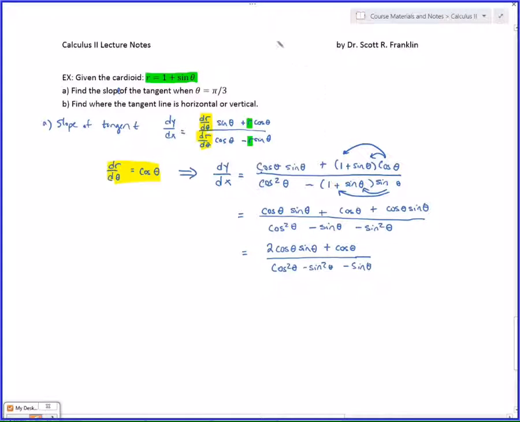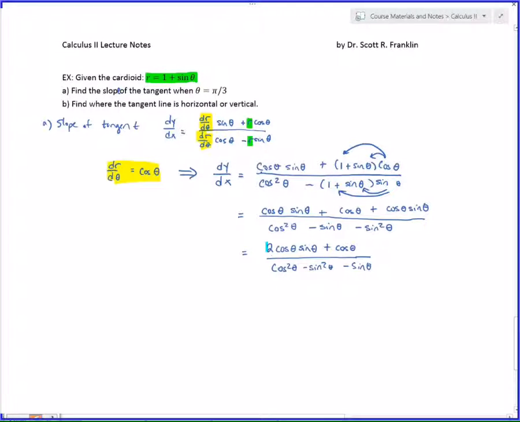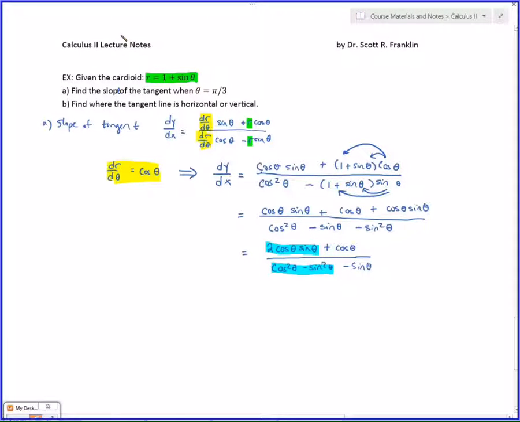But in the back of my mind, I recognize a couple of things. This here and this here are both trig identities. So I pull out my reference page, unless I've left it in my differential equation. Look up on your reference page if we can simplify 2 cosine theta sine theta, and if we can simplify cosine squared minus sine squared.